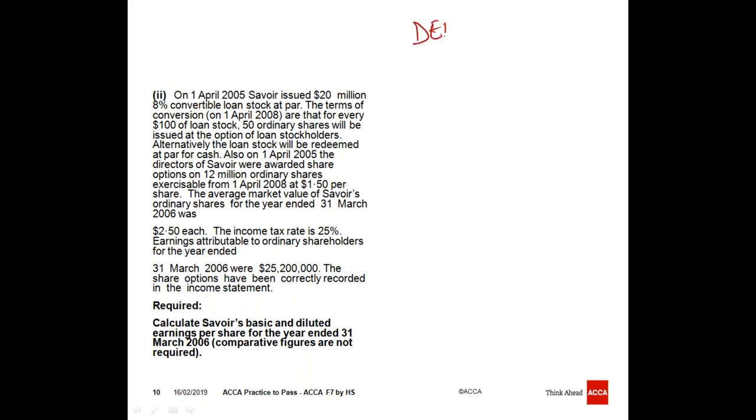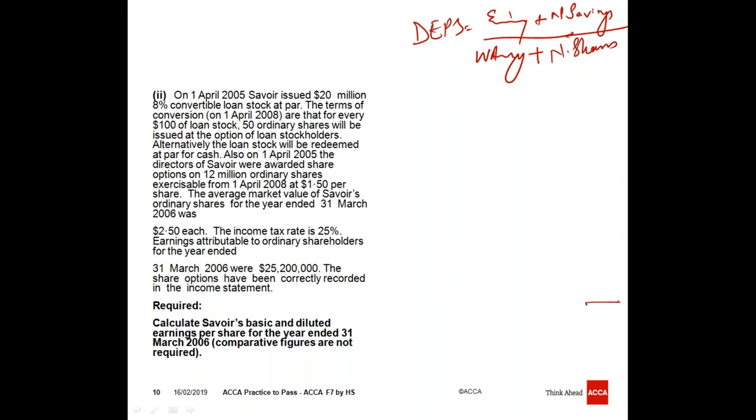Now, another concept of EPS is the diluted EPS. The formula is the same, but you have to add two new things. The first one is the notional savings. The second one is notional shares.